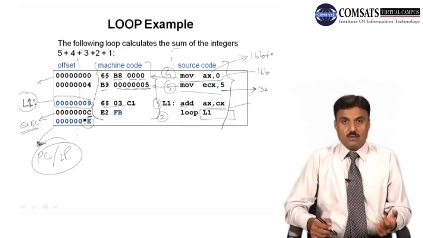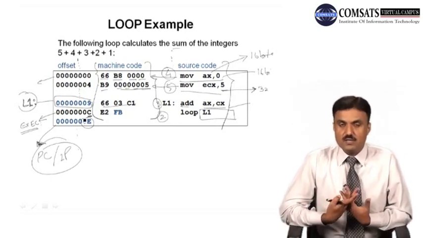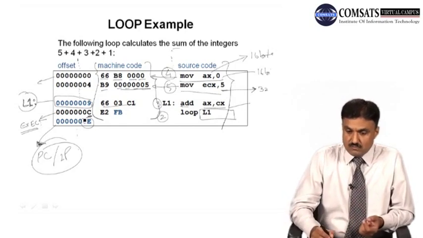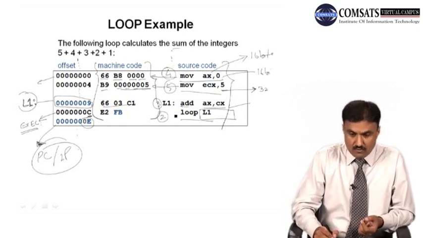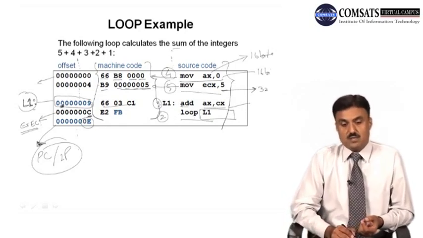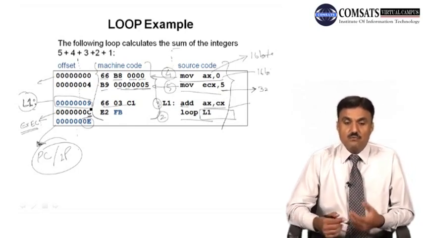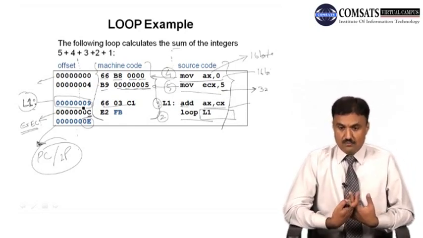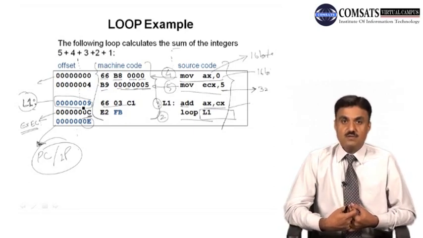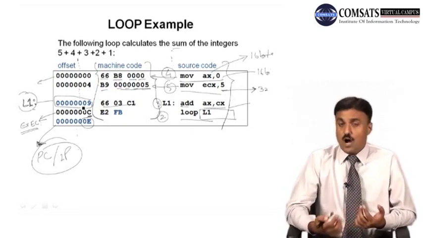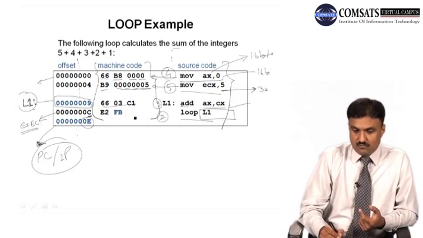Now we know that the current value of the program counter is 0E. If we perform loop to L, or we want to jump to this address, then we have to subtract. How many bytes do we have to subtract from 0E hexadecimal?